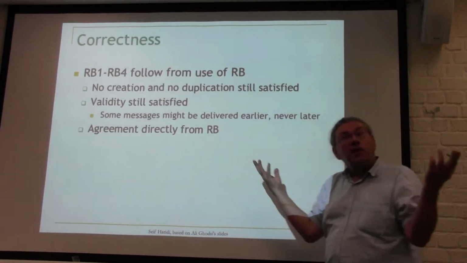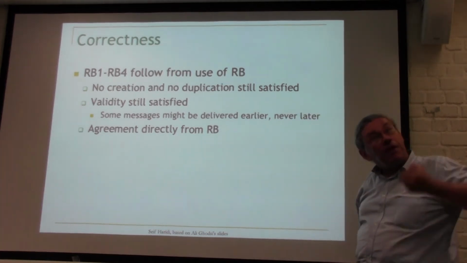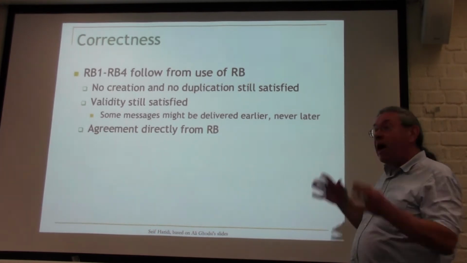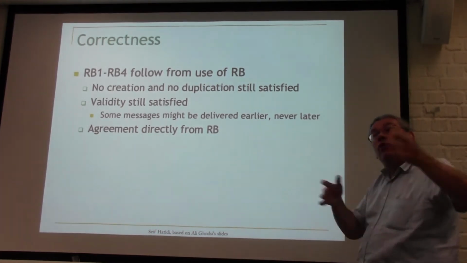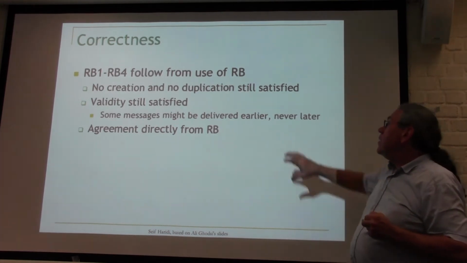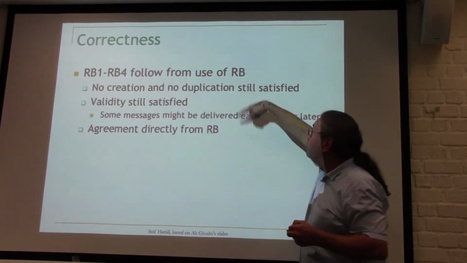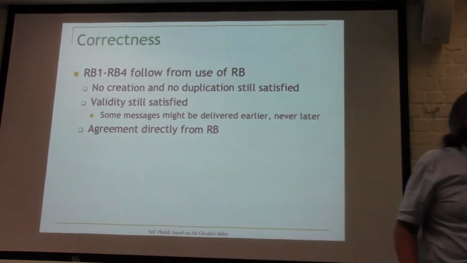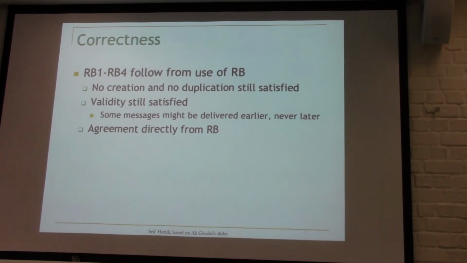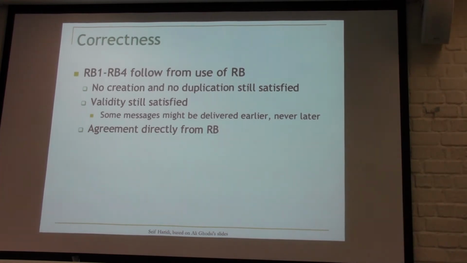This, again, is not changed because we're still doing RB broadcast of the same messages. The past list is only changing the order. It's not changing which messages. That means you can prove that RB1 to RB4 still hold the way that CB uses it. So that's very nice because it's actually a quite complicated algorithm: causal order, fault tolerant, concurrent, distributed.